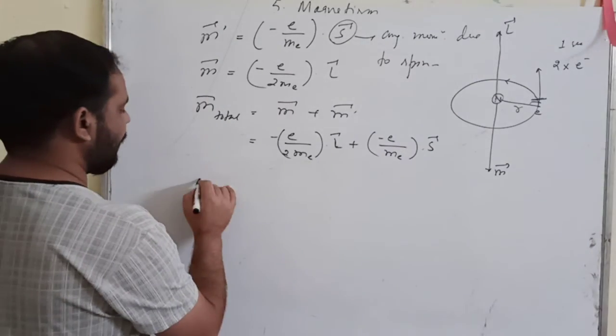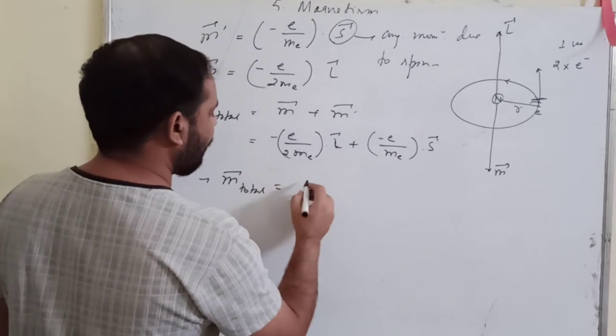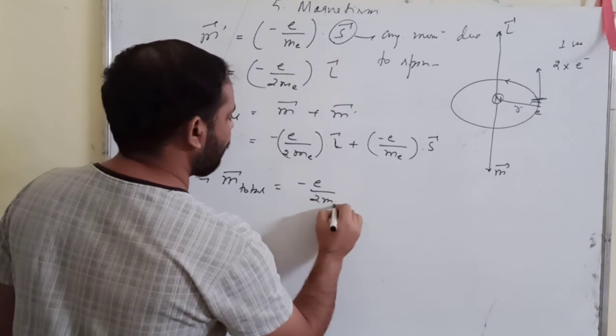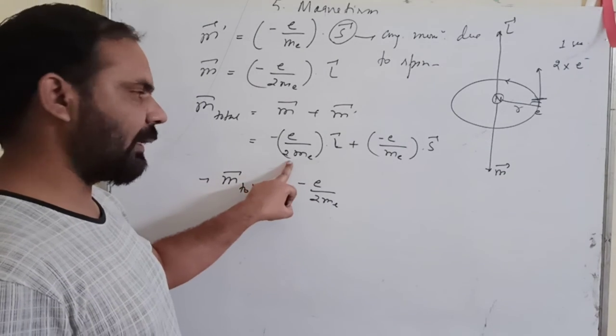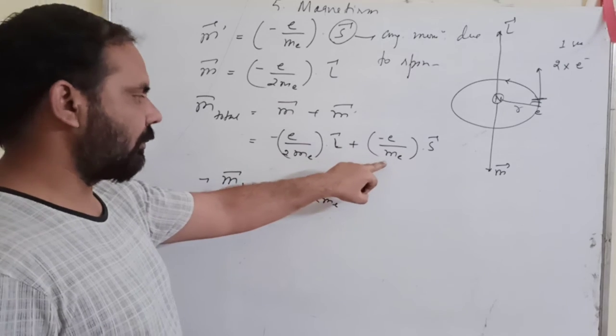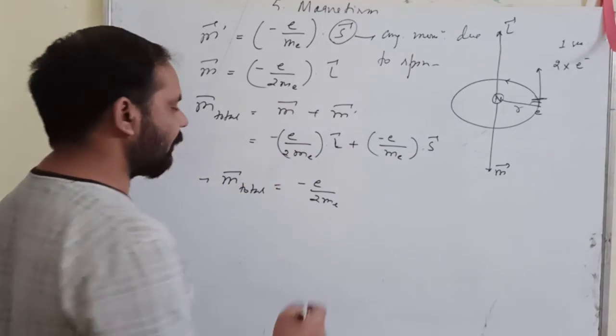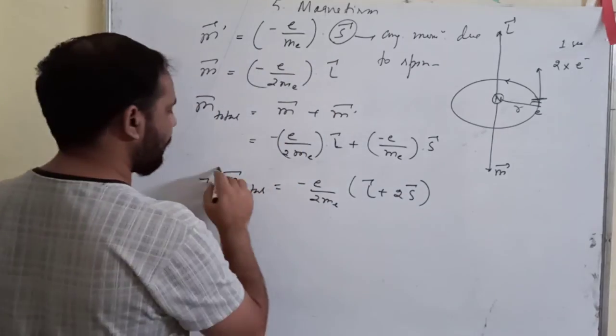You can take minus e upon 2me common. If I take this common, then I have to multiply here by 2, because there is no 2 in the denominator. So it will be L vector plus 2 times S vector.